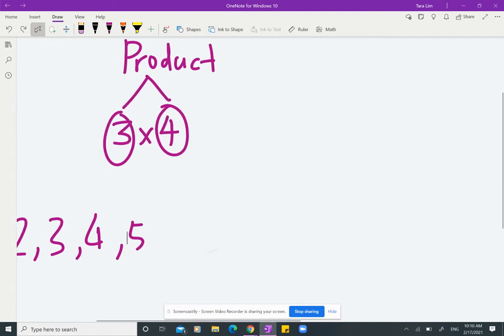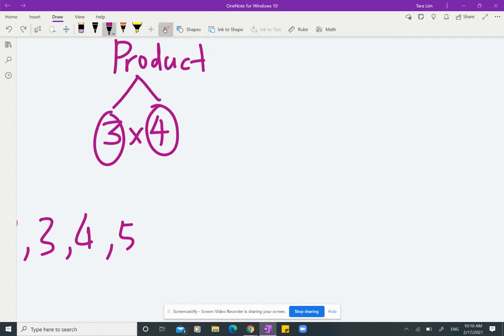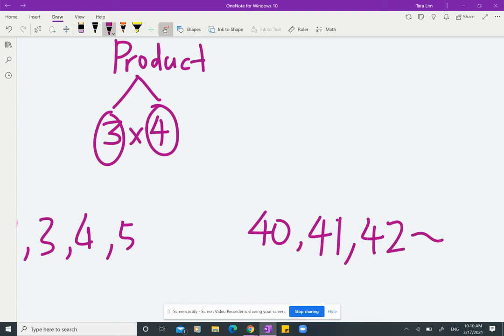Let's do another example, for example, 40. Consecutive means moving on to another one, right? So 40, 41, and then 42, and then we keep on moving on.